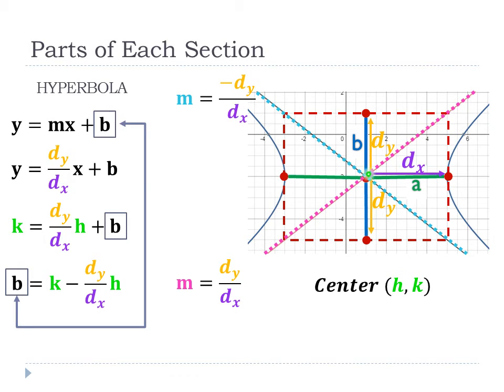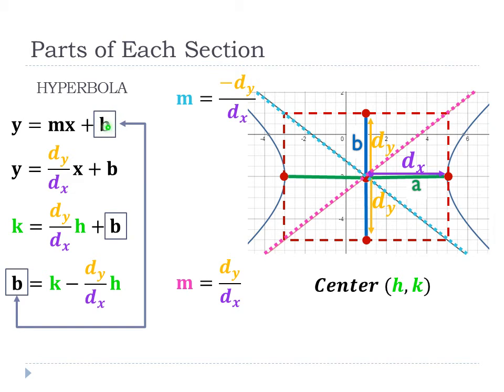So if I know the coordinates of this point, which are, by the way, h and k, I can substitute that. So y is k and x is h. So now I have all this information. I can solve for b. So if I solve for b, I'm going to get this. Once I solve for b, I once again go back to my original equation and put in b.